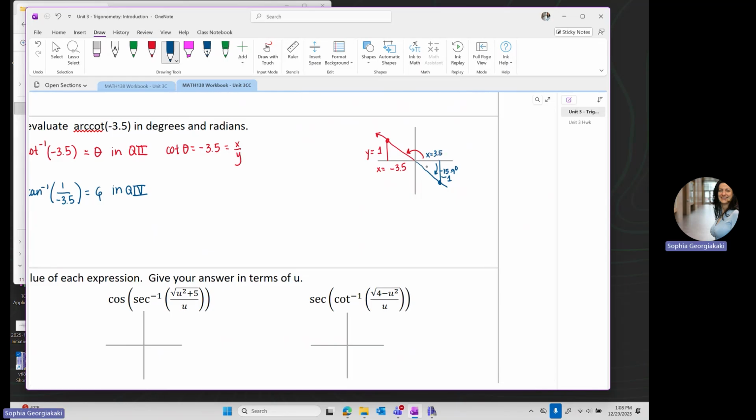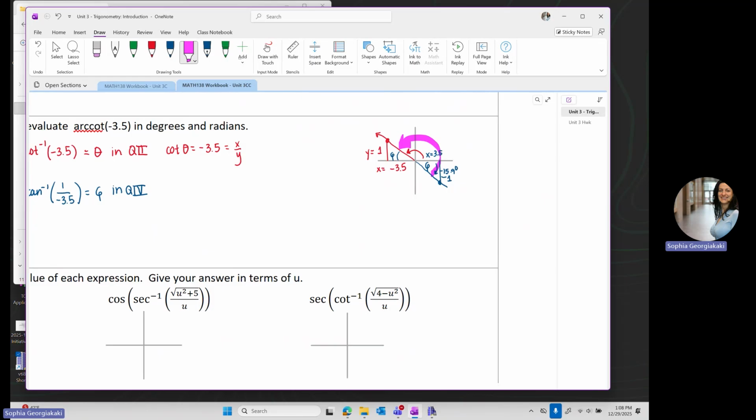So this angle phi is actually the reference angle of theta in quadrant 2. And to find theta from the location phi, I will add 180 degrees. So to get from phi to theta, I'm going to need to go to phi that the inverse tangent gives me and just add 180 degrees to reflect this rotation in quadrant 2.